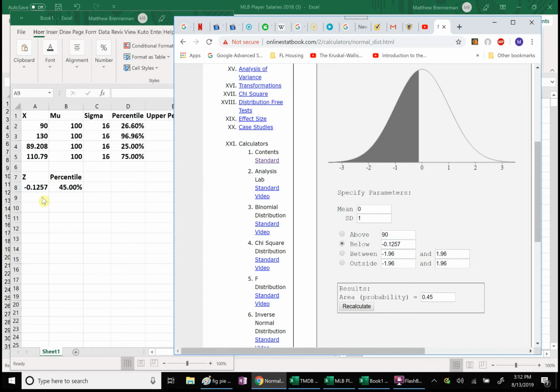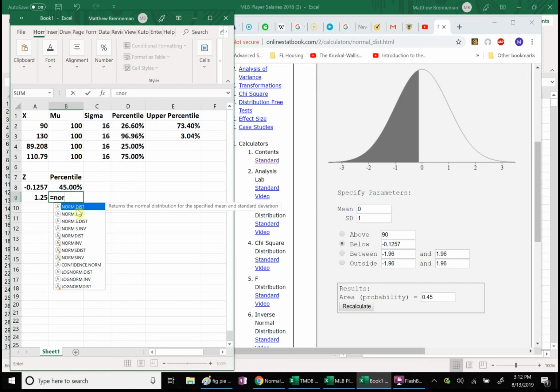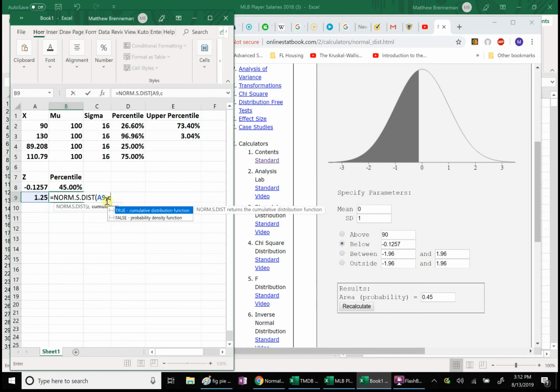And I can go backwards. Let's say, for example, I have a z-score of 1.25. I can use norm.dist, but again, I'm going to use a special version of it, norm.s.dist, so I don't have to bother entering the mean and the standard deviation and all that stuff. I still have to put cumulative.